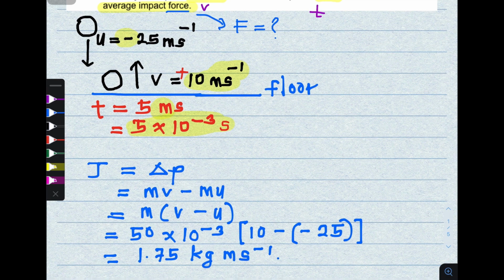For V minus U, you are going to substitute the V as positive 10 meter per second, minus, and U just now is negative 25 meter per second. Next, you are going to calculate the value of the impulse. So you are going to get impulse equals 1.75 kg meter per second. Next step.